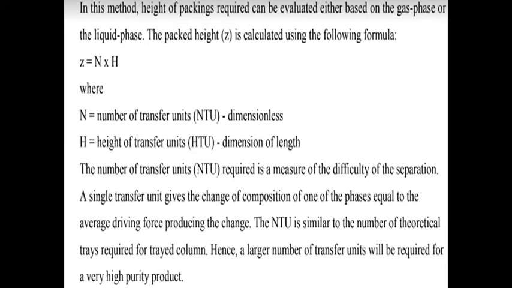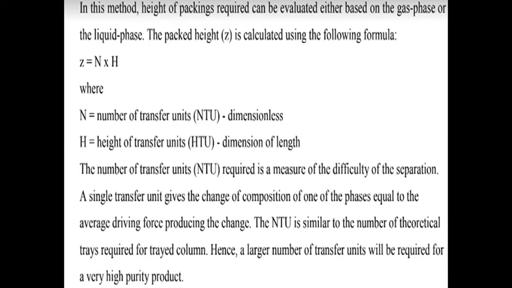So, number of transfer units is similar to the number of theoretical trays required for a tray column. Are you clear or not? Okay. NTU is a packed column unit, so this is similar to the number of theoretical trays required for a tray column.